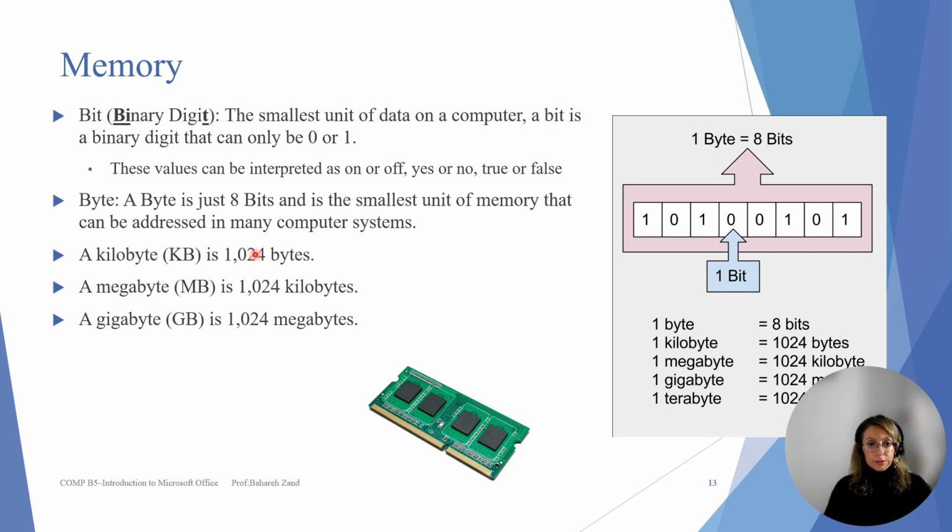Now, put 1024 bytes together, and then you will have a kilobyte. Put 1024 kilobytes together, and you will have a megabyte. Put 1024 megabytes together, and you will have a gigabyte.